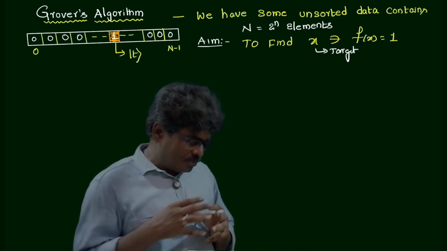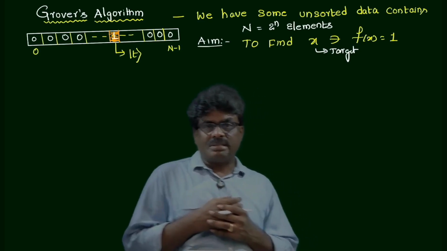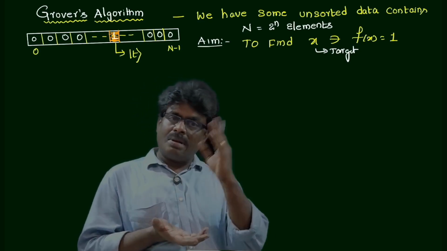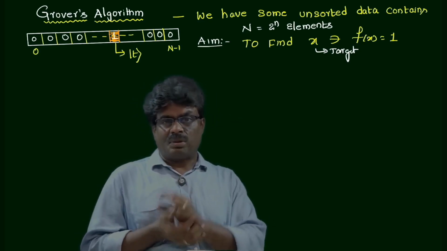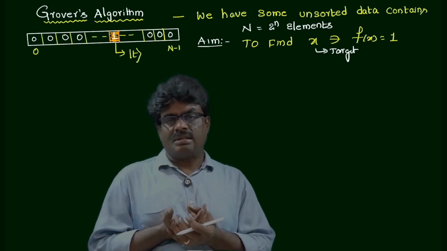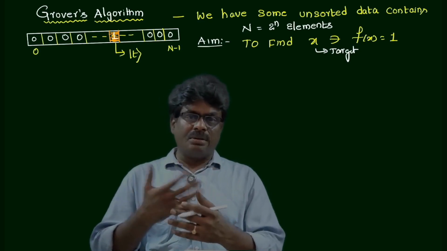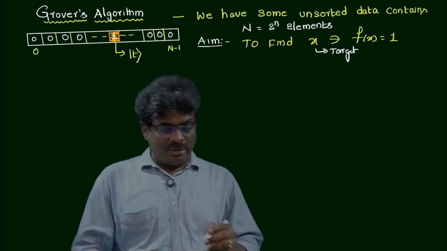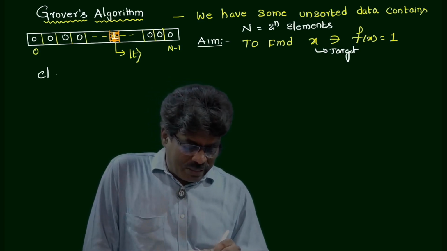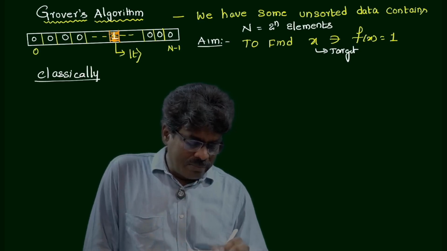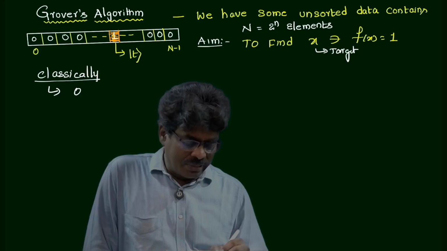For example, if you are using any classical algorithm for this, in the first attempt we may find the target, or maybe in the last attempt. So on average, we can find this in order of N steps. Actually, N by 2 is the average. We can say the order of N steps. So if you are using a classical algorithm, this is possible within order of N steps.